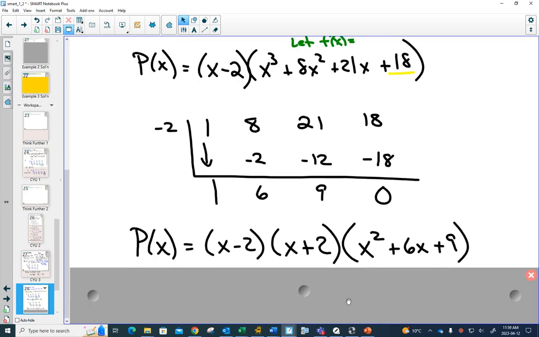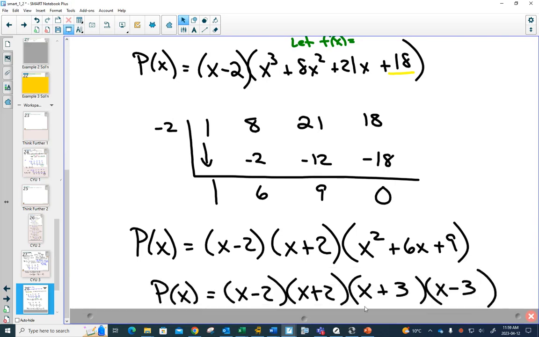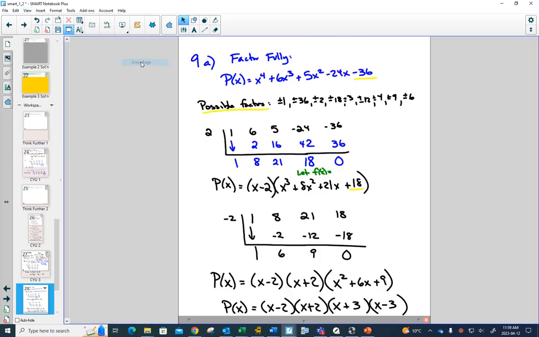And now I've got a quadratic equation, so I can factor that like normal to factor it completely. So if you have an x to the 4, you're going to have to repeat the process once to find a second factor. And you keep repeating the process until you get to a quadratic equation, and then you can solve it completely.